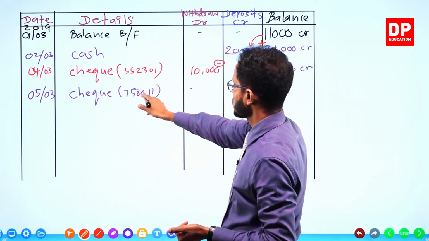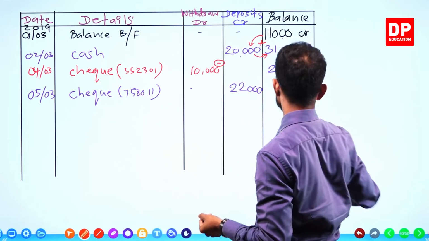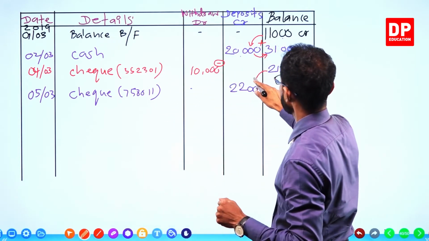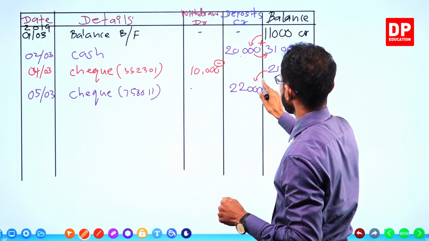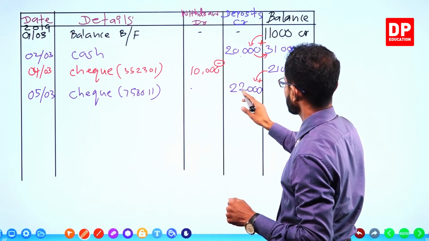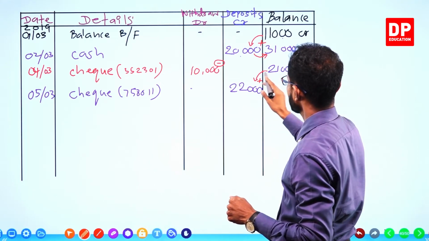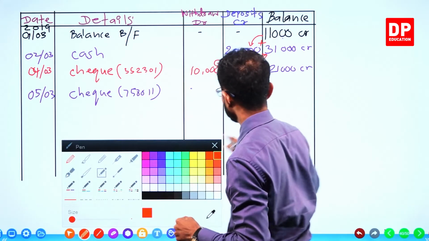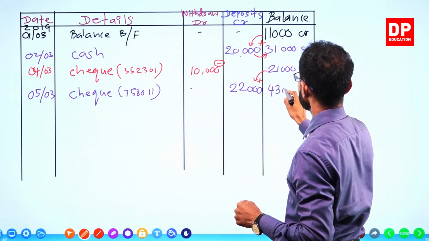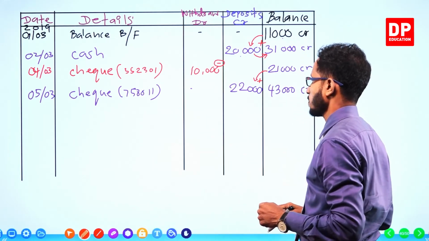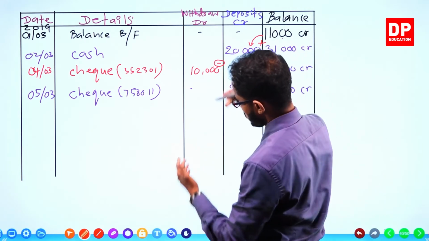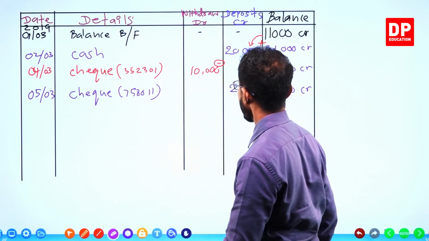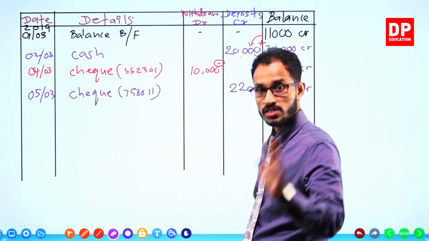Now this gets added again because money has come in. So it's a plus. 21,000 plus 22,000, 43,000. The balance becomes 43,000. Credit. Okay. Clear now?